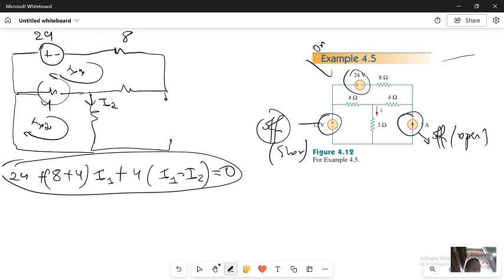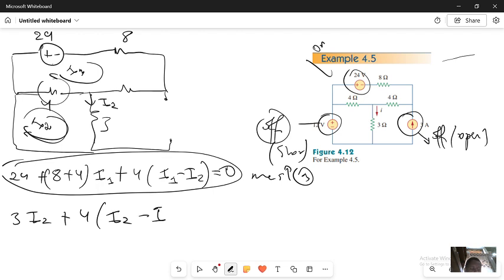Now when we come to the second mesh, I will have 3 I2 plus this one is going to be 4. I will start by I2 since I am in mesh 2, I2 minus I1 equal 0.